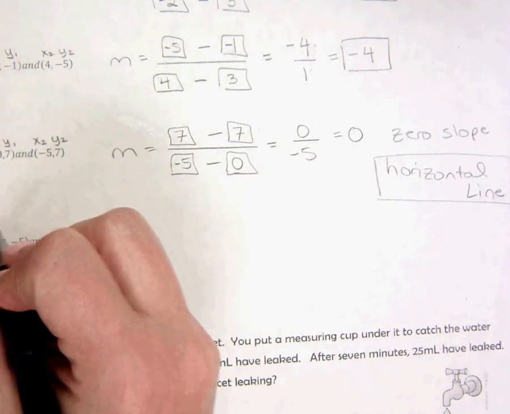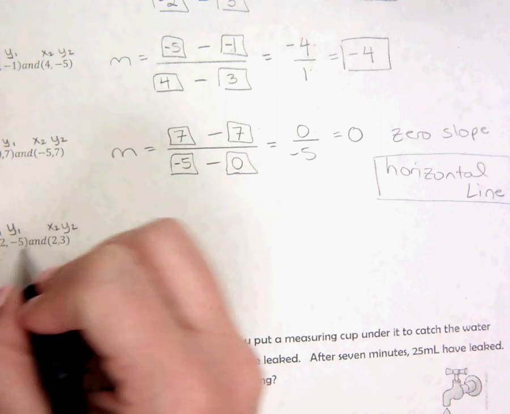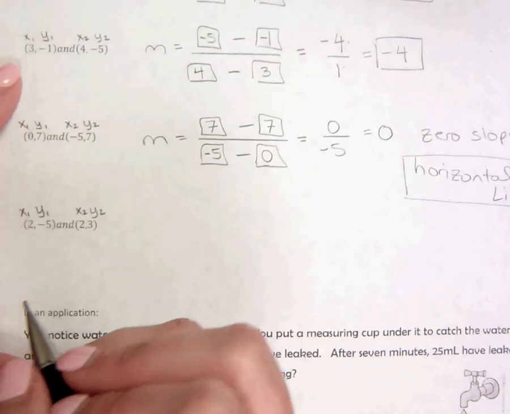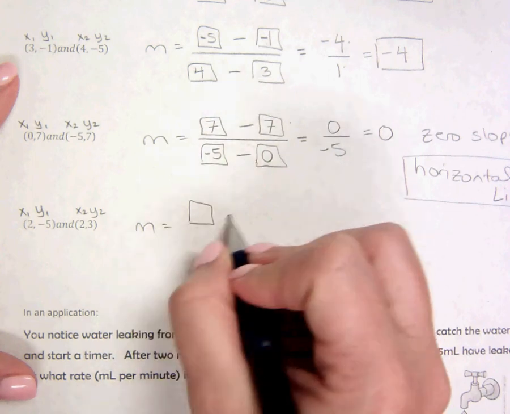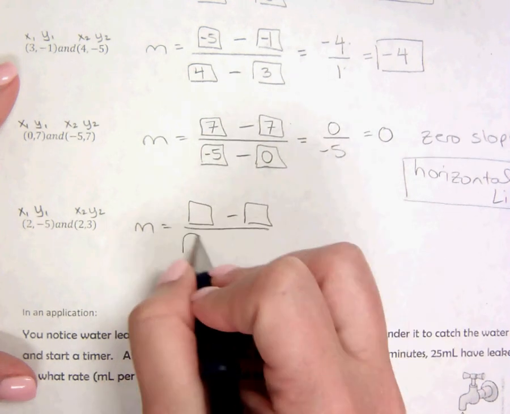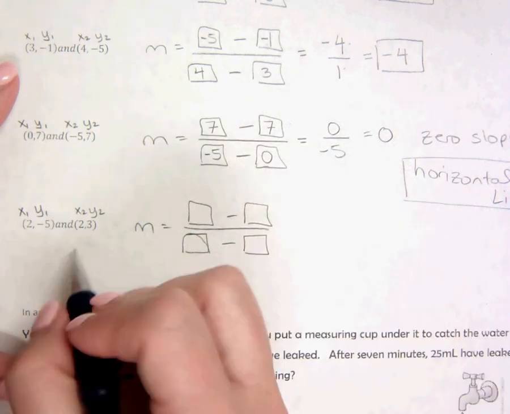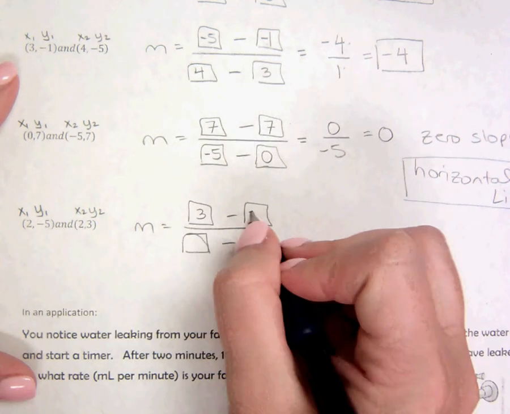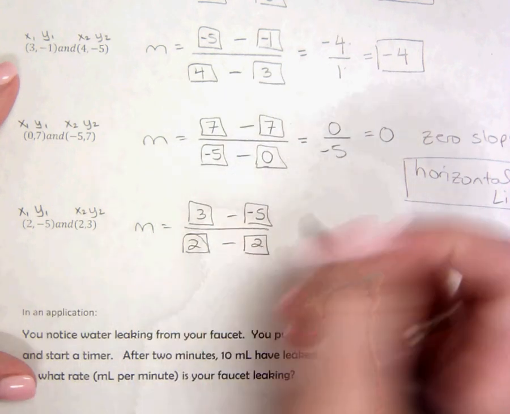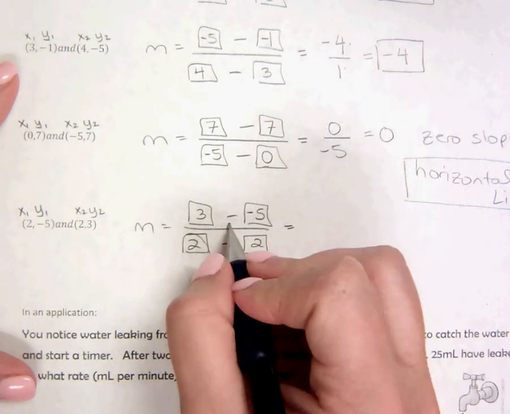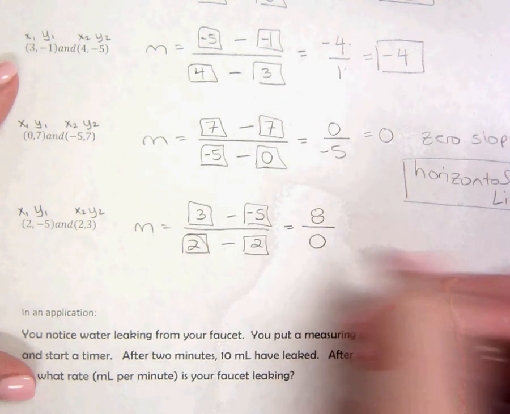And then this last one, x1, y1, x2, y2. I like to label above the points because it's easy to get them all mixed up. And again, the boxes help keep you organized as well. So we have 3 minus negative 5 and 2 minus 2. 3 minus negative 5 is positive 8. 2 minus 2 is 0.